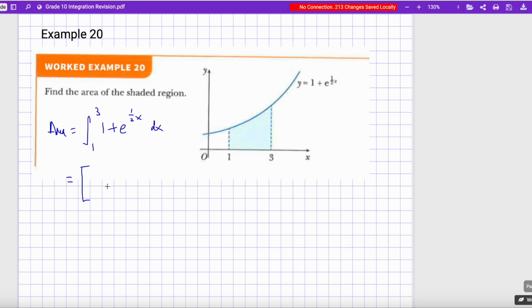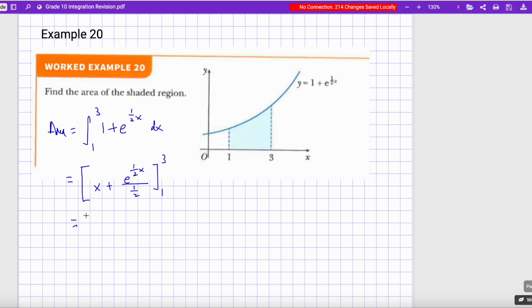You should be able to get x plus e to the half x divided by the differential of half x, which is half. We are integrating it from 1 to 3, very similar to the definite integral. So we work that out.